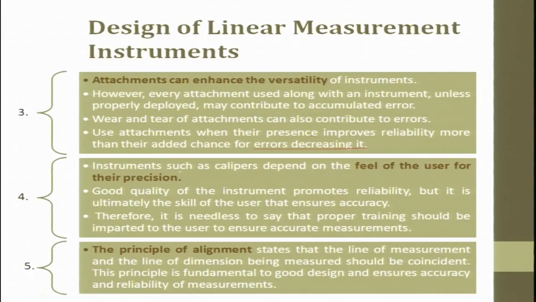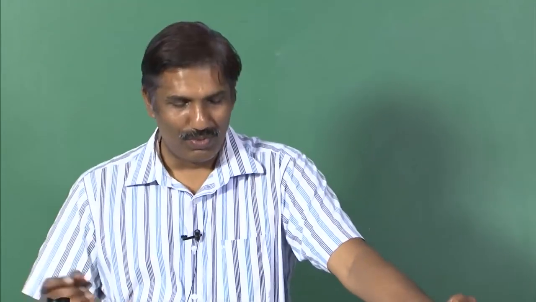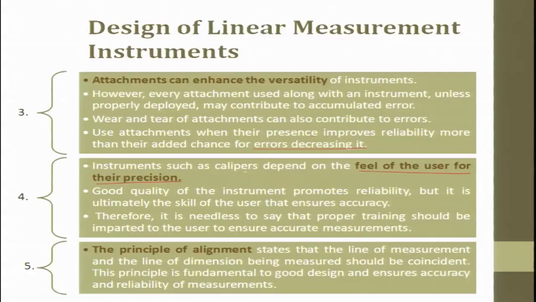Then instruments such as caliper depend on the feel of the user for their precision. So, when you put a shaft and then you put a caliper, the looseness or the tightness of the caliper is based on the feel of the person who uses it.